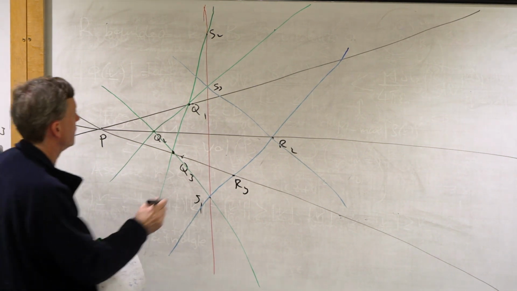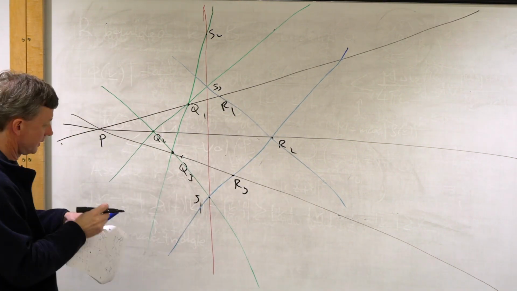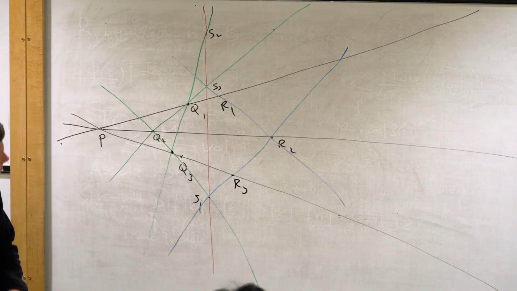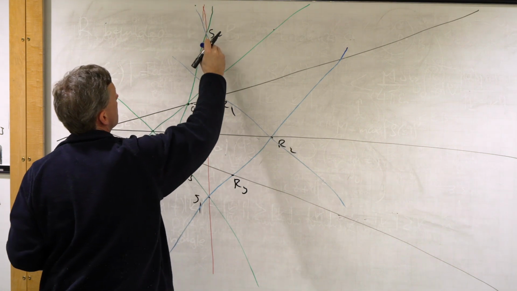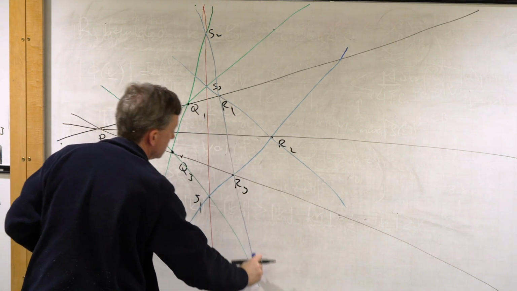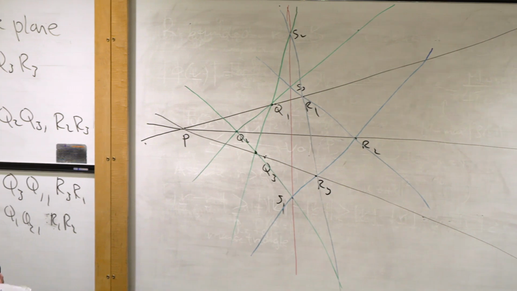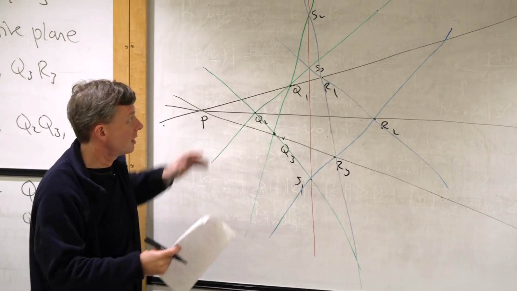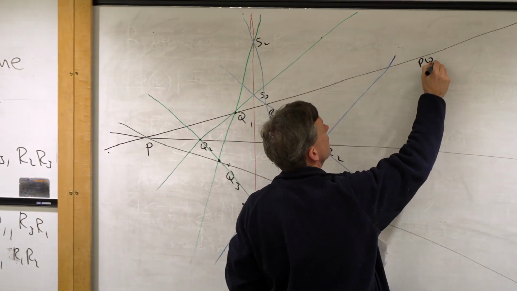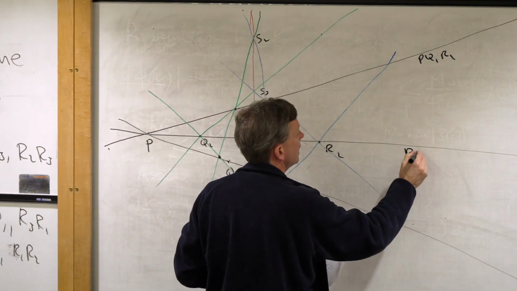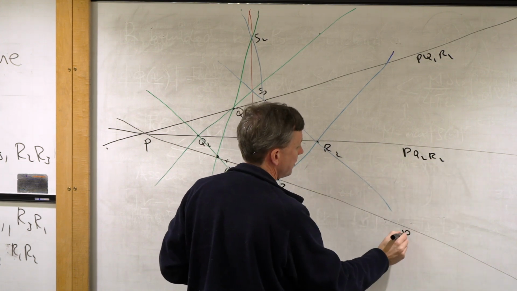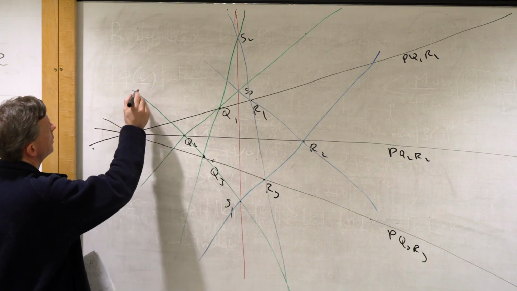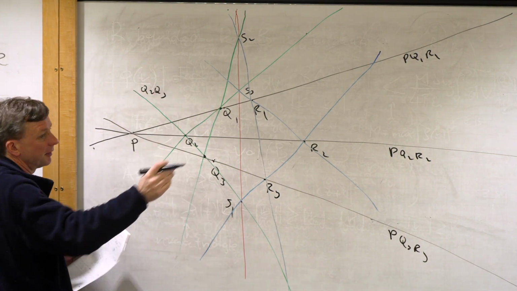And that can be R1, and a line, I'll go up. Okay, so some of those lines don't look terribly straight, but here's the line P, Q1, R1, there's a line P, Q2, R2, there's a line P, Q3, R3, this is the line Q2, Q3, and so on.